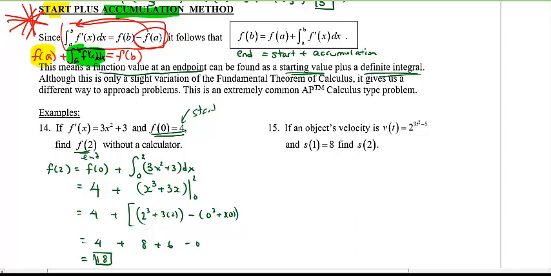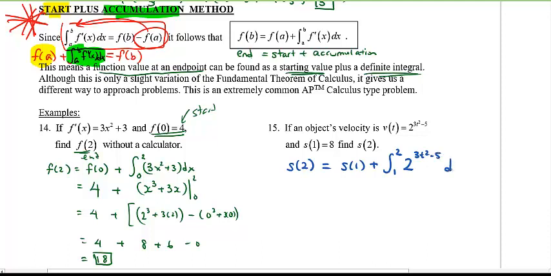Okay. Alright. Number 15. If an object's velocity is this, and s, remember that's the position function, is 8 at 1, find s of 2. Same idea here, everybody. Just go ahead and here's my ending value. Here's my starting value. Add to it my accumulation from 1 to 2 of the function 2 to the power of 3t squared minus 5.